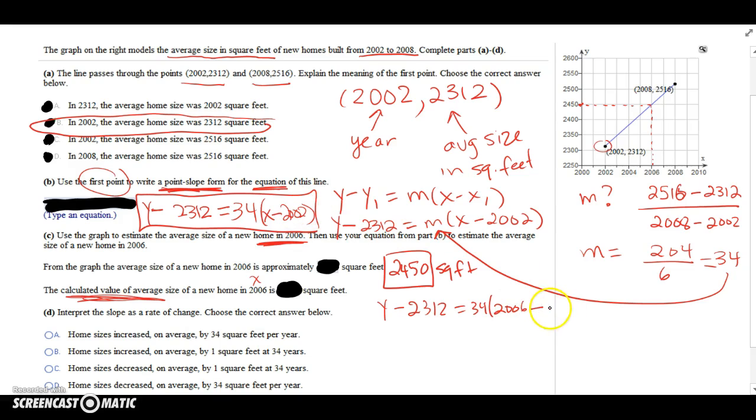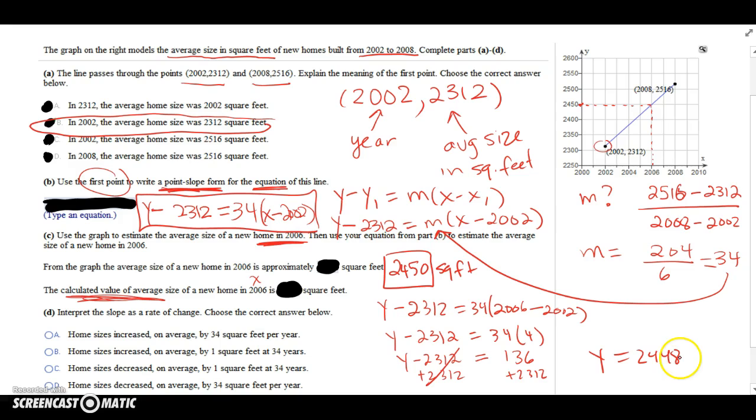2006 minus the 2002 that was already there. And that's going to give me y minus 2312 equals 34 times, 2006 minus 2002 is 4. So then we get 34 times 4. Then I'm going to solve for y. So add 2312 to both sides. And that gives me y equals 2448.